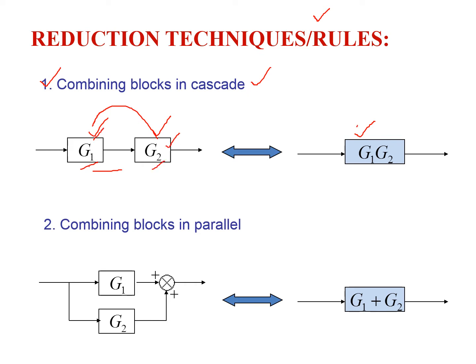So the resultant is the product of these two blocks, G1 into G2. Coming to the second rule, combining blocks in parallel. Here G1 and G2 are connected in parallel, and we use a summing point, which means these two gains are added. So the resultant is a single block with the sum of the gains of these two blocks, that is G1 plus G2.